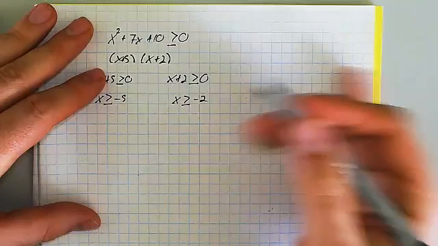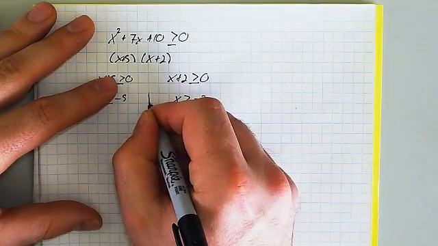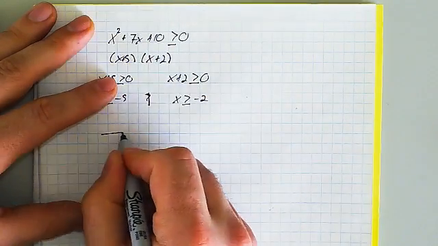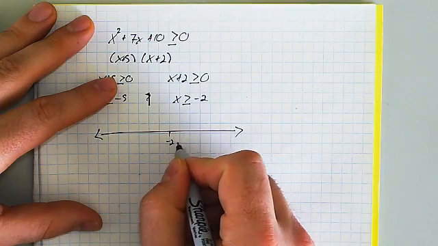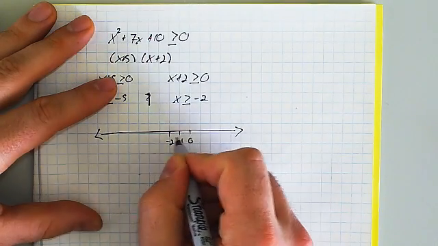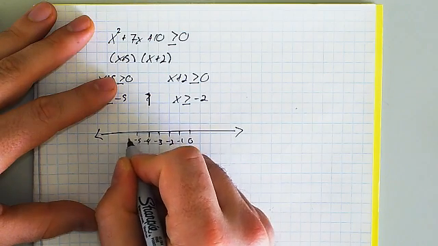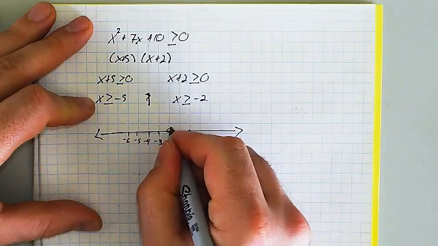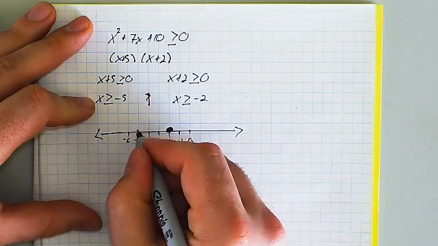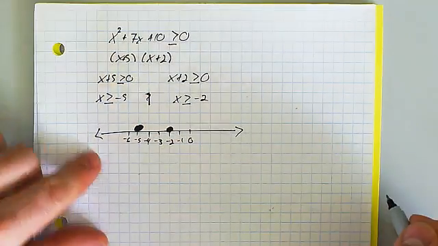And these are essentially your two zeros for your quadratic function. You could graph it, we don't really have to, because we're going to do the exact same thing we did last time, is we're going to draw a number line. We're going to make sure there's negative 2. Again, these are filled in because they're less than or equal to.